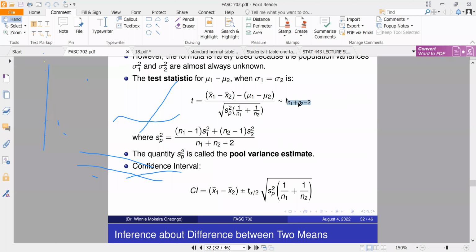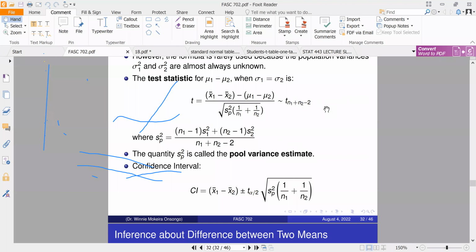So you find the total sample size, which is N1 plus N2, and then you subtract the two degrees of freedom that we are using due to these two population parameters. That is why for this difference of means, we are going to lose 2 degrees of freedom because of these two population parameters.